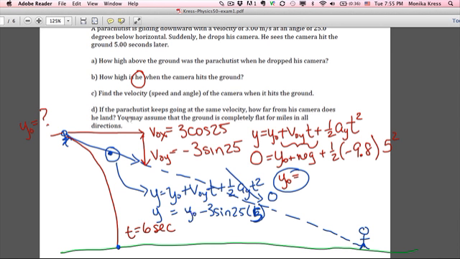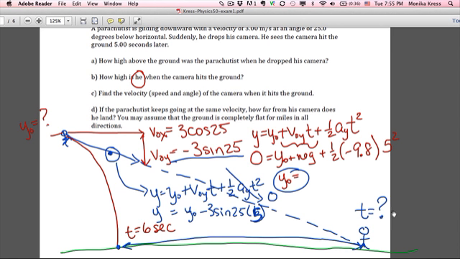Now for the last part, it asks you to find the distance between these two guys. What you have to do is find the total time it took for him to drop this number of meters going at this speed, find the time that it took for him to land.